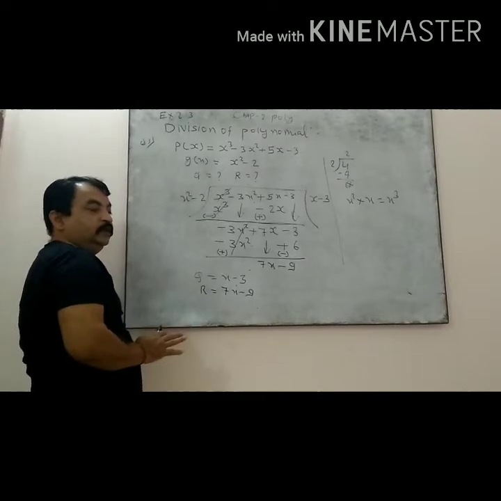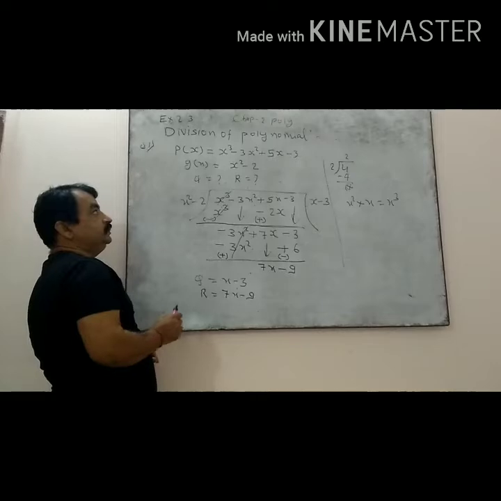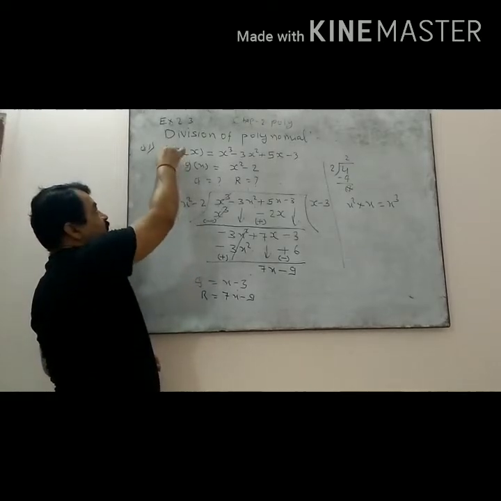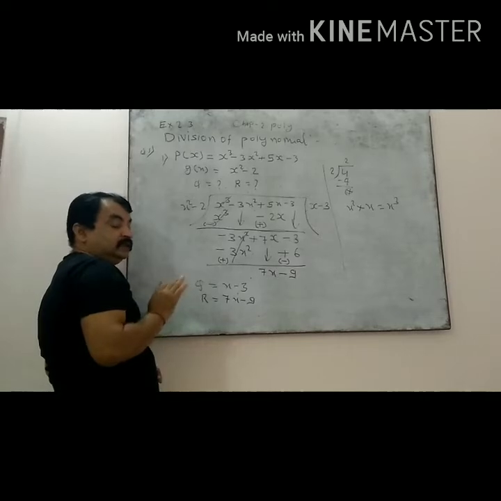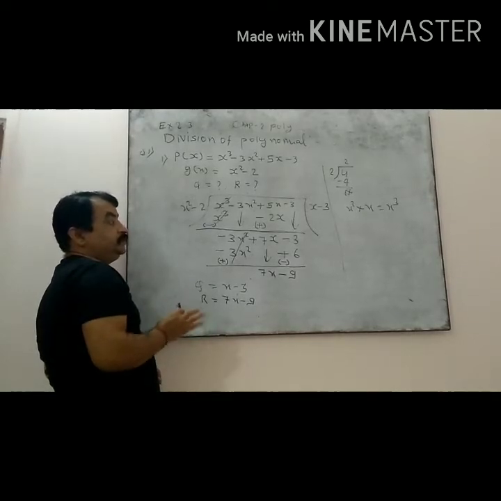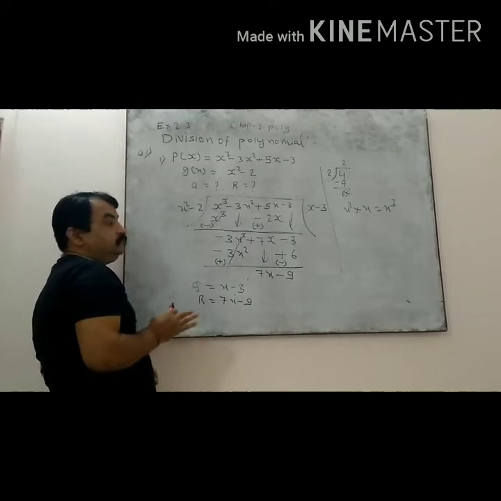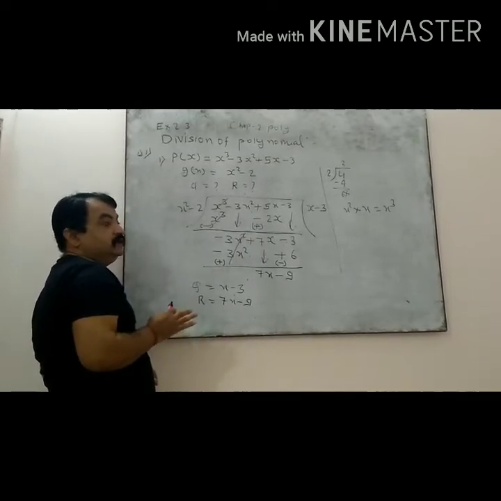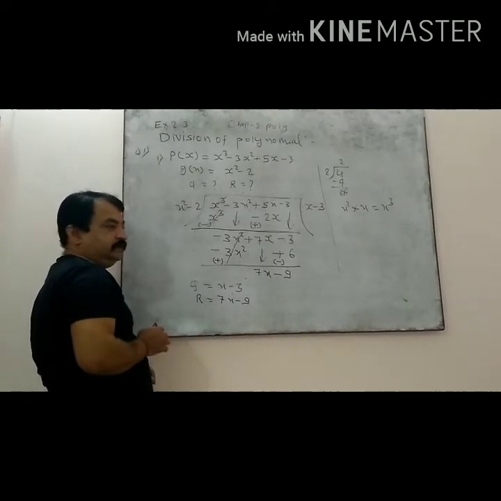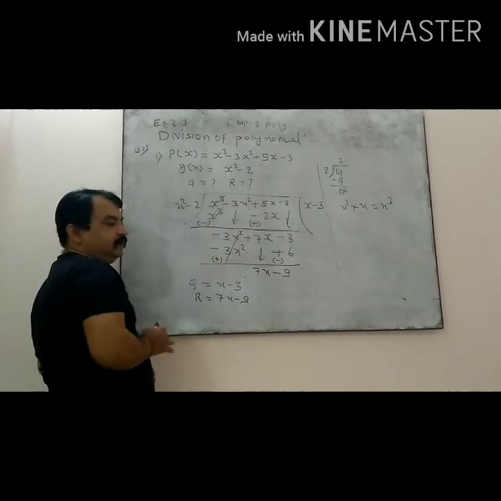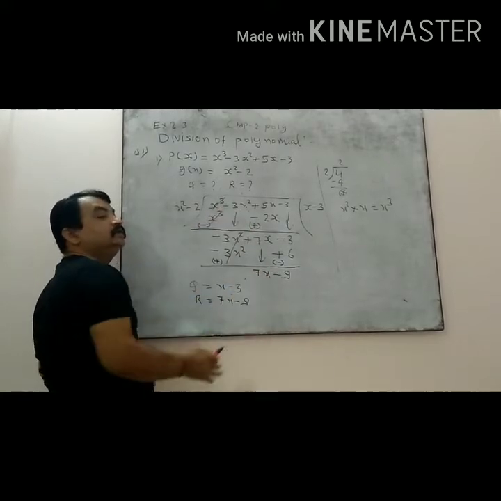Clear, children? Now, in the same pattern, question number 2 is also there. This was the first question of question number 1. Question number 2 is in the same pattern, but instead of the quotient and remainder, it asks whether the divisor is a factor of the given dividend. That we have to answer, right? So the working will be the same, and when the divisor is a factor of the given dividend, you get remainder 0.